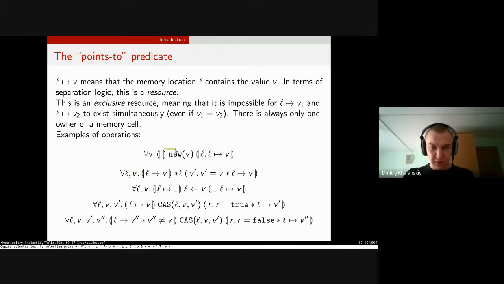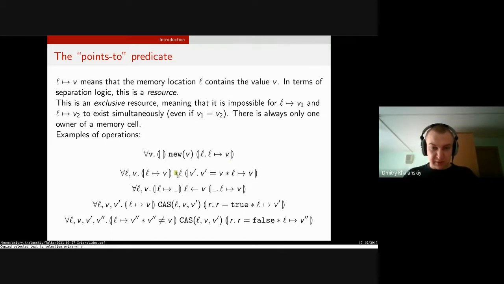For example, we can allocate a new memory location that initially stores v, and then the execution of this statement will give the caller the ownership of some new memory location with the value v.